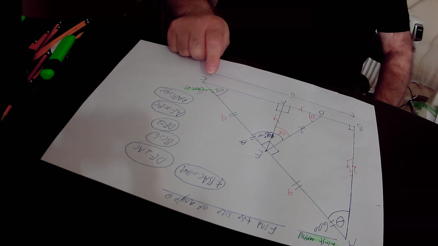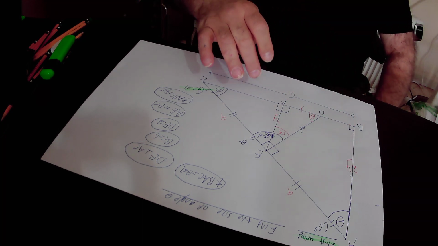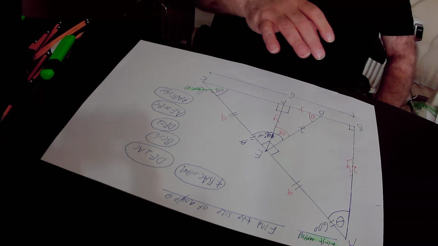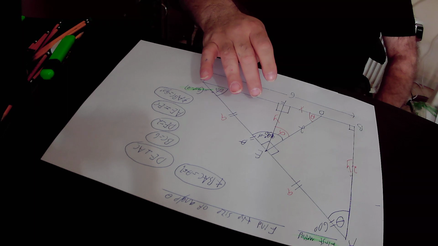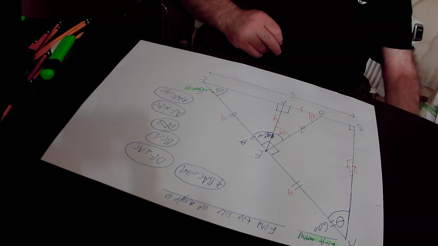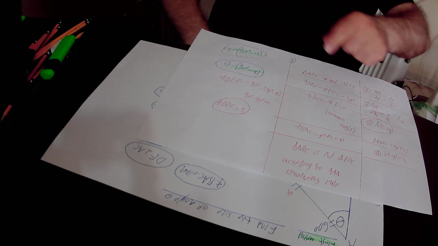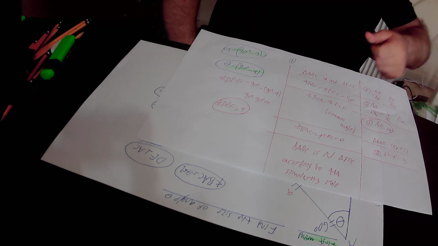So we proved that all the angles of triangle ABC are equal to all the angles of triangle EFC. Therefore the right triangle ABC is similar to the right triangle EFC according to the angle similarity rule.